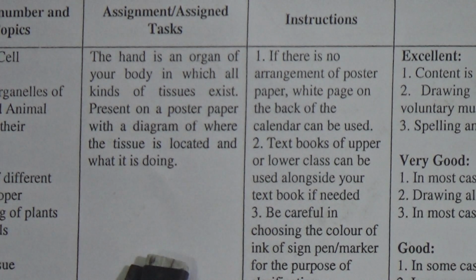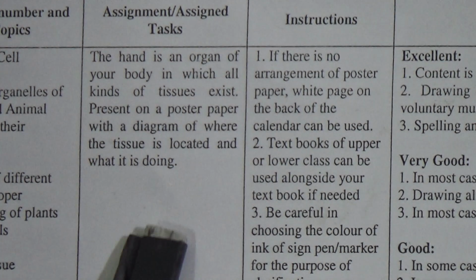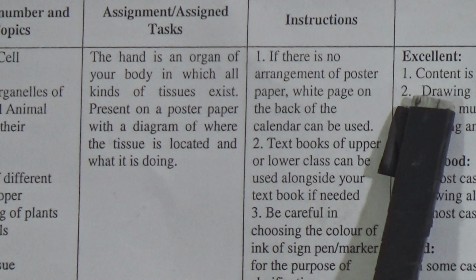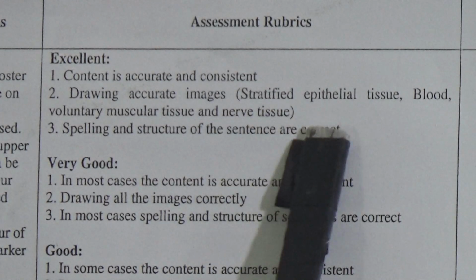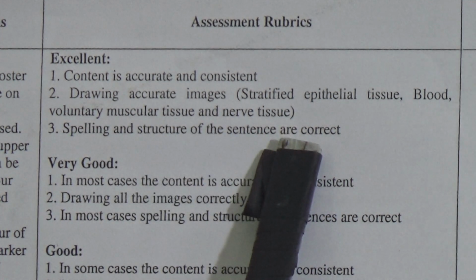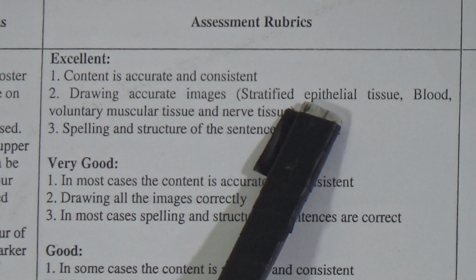That means you have to make the assignment on poster paper or the reverse page of a calendar, and there you have to draw, and you have to give the description, location, function, everything, of at least stratified epithelial tissue, blood, voluntary tissue and nerve tissue. That means this has to be in your assignment.